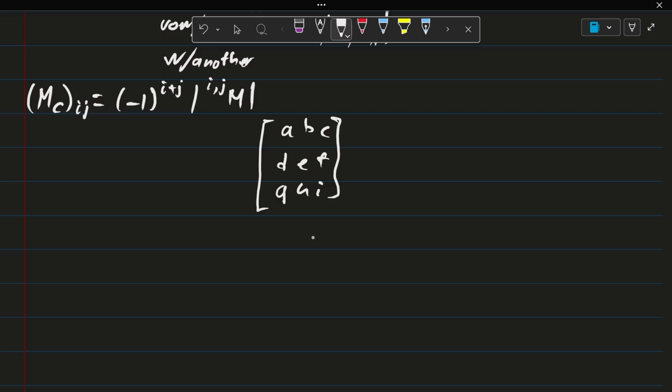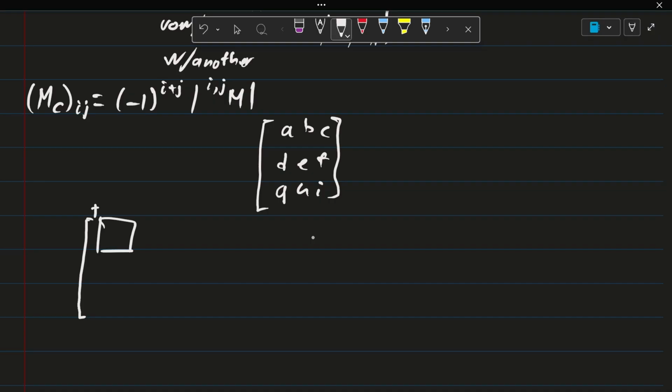So first, we'll define the cofactor of the first term, the 1,1. At the 1,1 here, it would have -1 to the power of 1 plus 1, which is 2, so it's going to be +1. So it's going to be a positive sign.